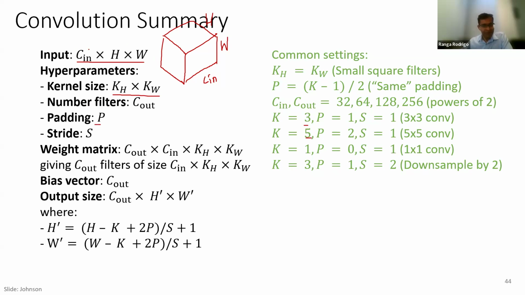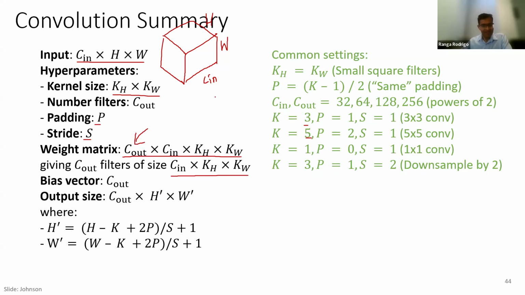now this input structure is padded usually to keep the output size the same as the input size. That's the number of pixels for padding, and the stride is by how many pixels this convolution kernel center moves. The weight matrix is C out times C in times kH times kW, and this is given there are C out many filters of the convolution kernels, and then filters of size C in times kH times kW.